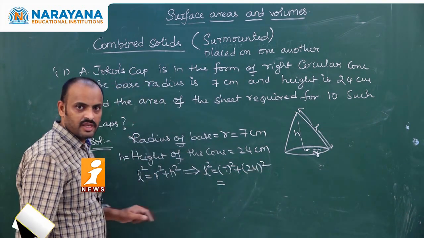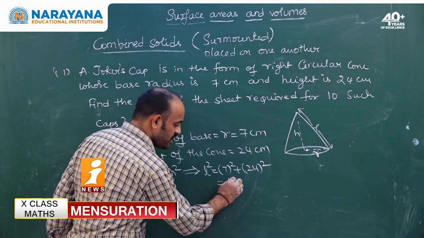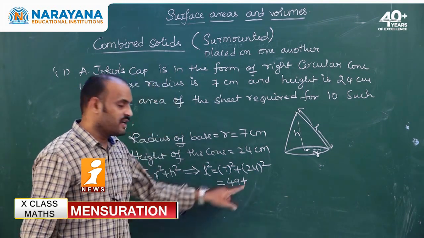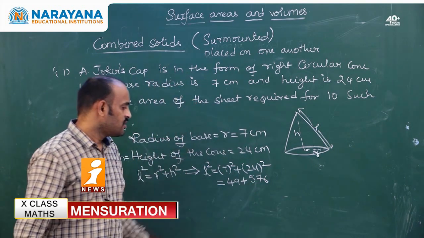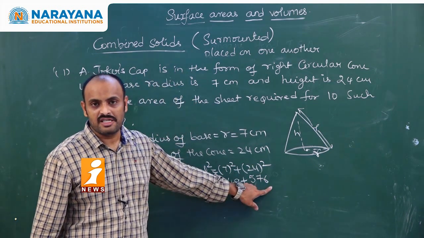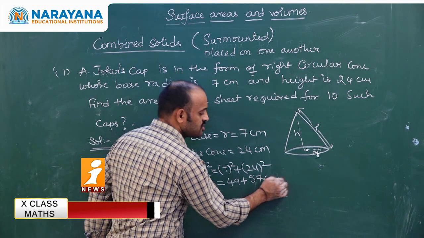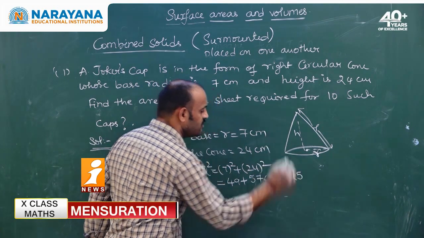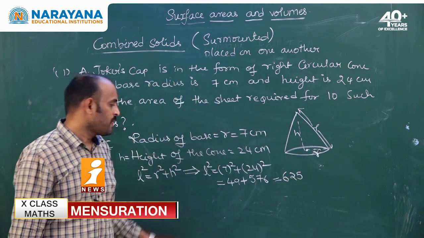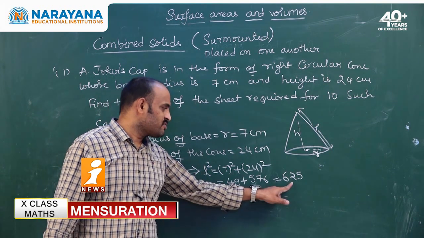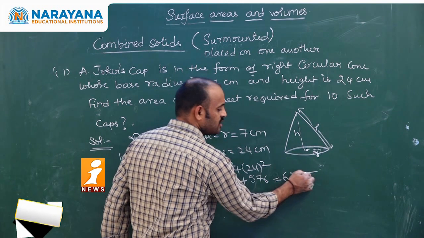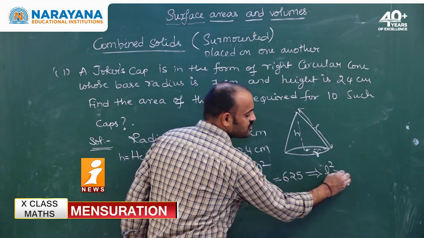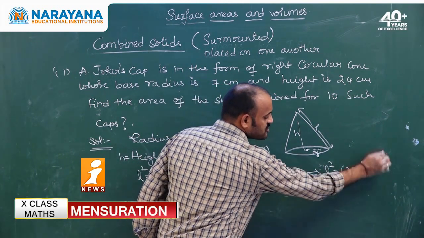We all know 7 square is 49, 24 square is 576. 49 plus 576 gives you 625 centimeter square. So l square is equal to 625. Can I write 625 as 25 square? Yes, we can. Therefore l square is equal to 25 square.